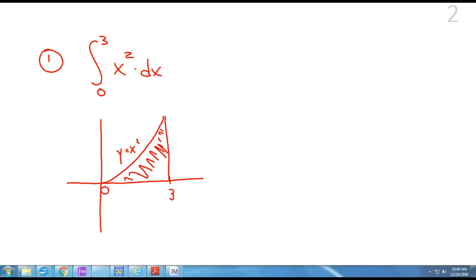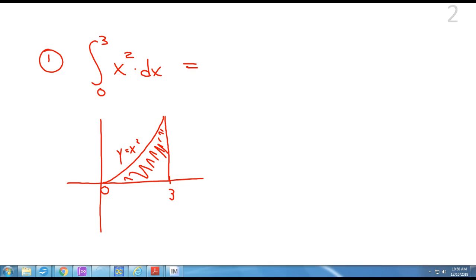Like the last couple of days, we would estimate it with rectangles. We'd have like 3 rectangles, maybe 6.